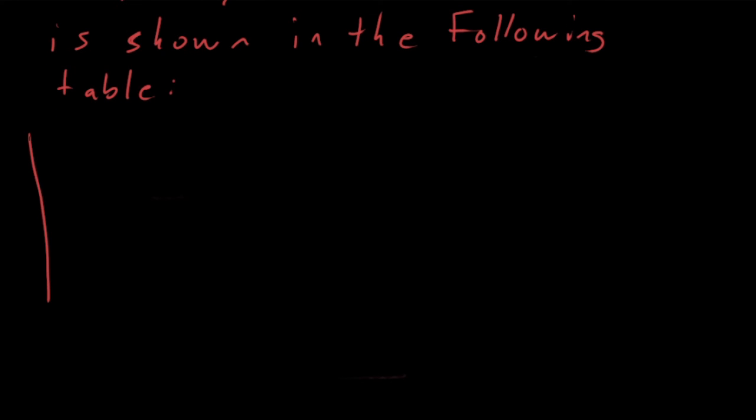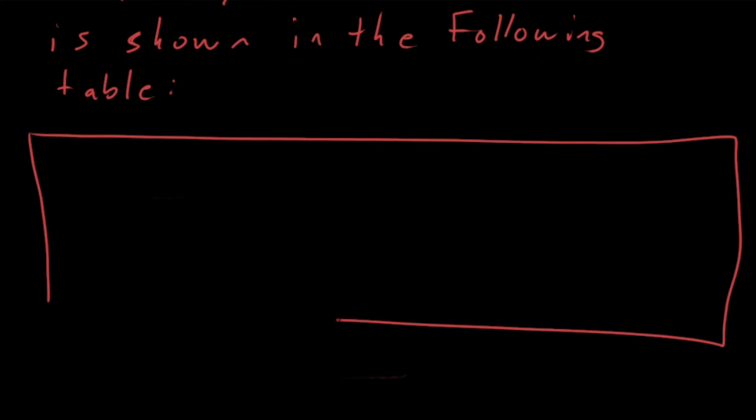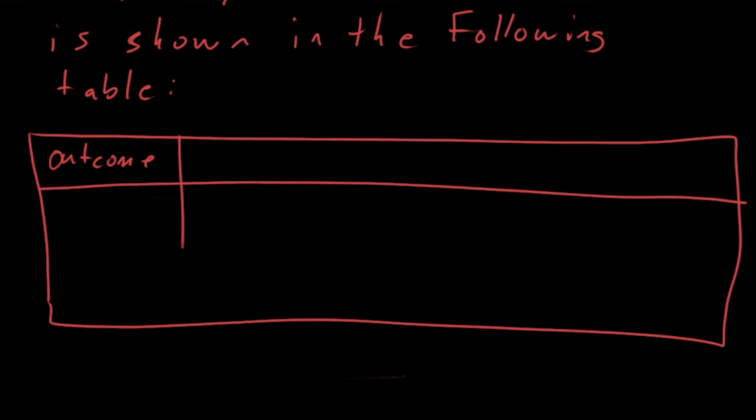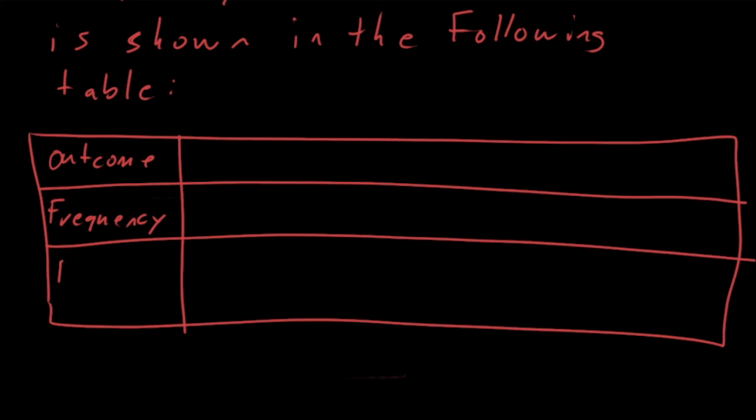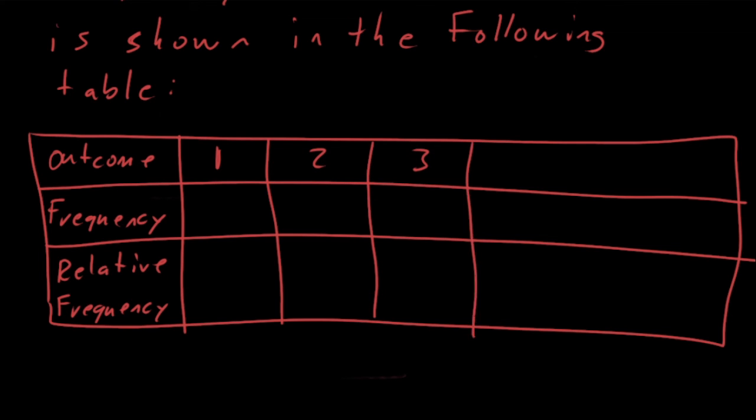So we would need our outcome. So let me draw my table. So first is outcome. All right, next is my frequency. And the next thing is relative frequency. All right, so outcome is 1, 2, 3, 4, 5, and then 6.